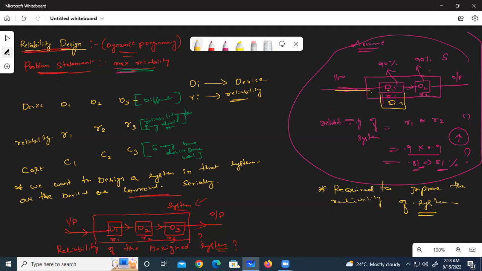And how many devices are required? Number of devices required for the system to increase the reliability. So these are the things you have to understand here. Whatever I said is just the problem statement. That's it, nothing else. So let's go to the next one. We will understand what exactly that is.